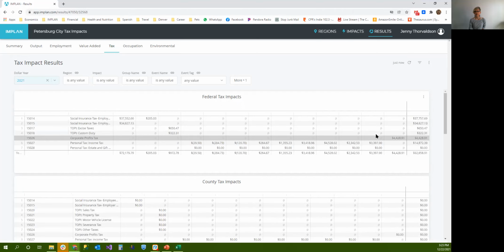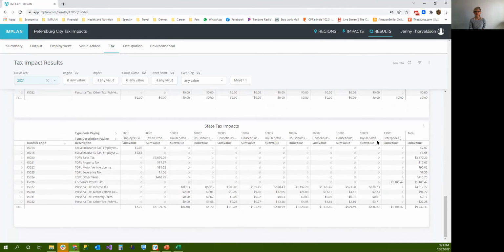So we'll just give it a moment to load. We scroll down, and there in our state tax impacts, lo and behold, we have the fourth category now of personal tax, income tax, and you'll see values here. Okay.